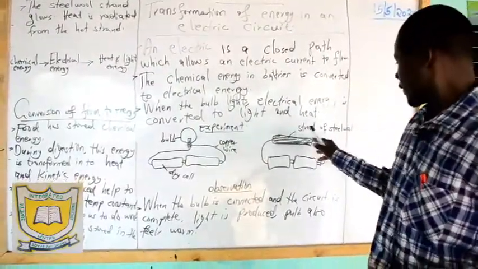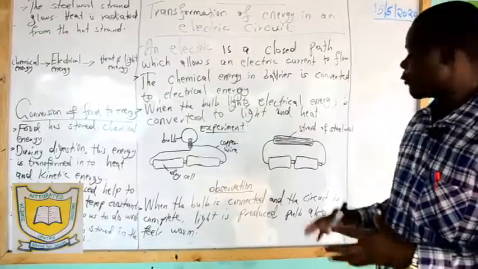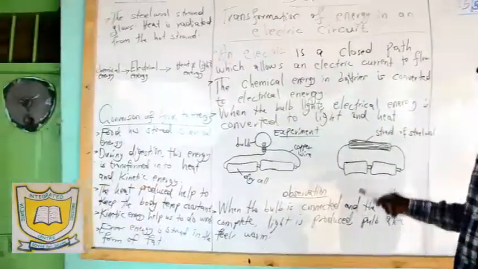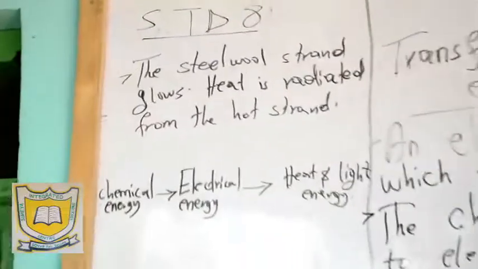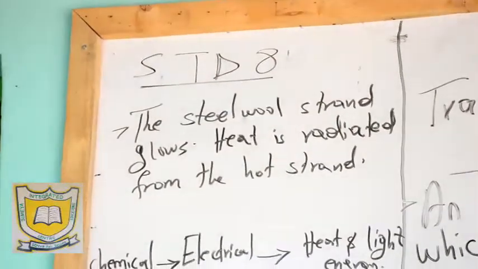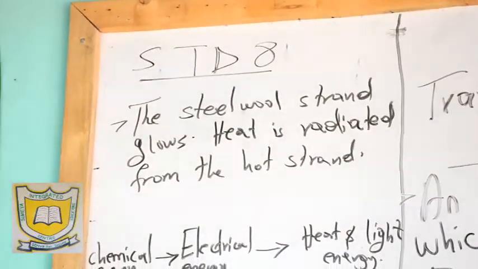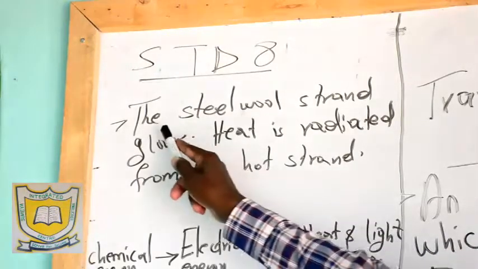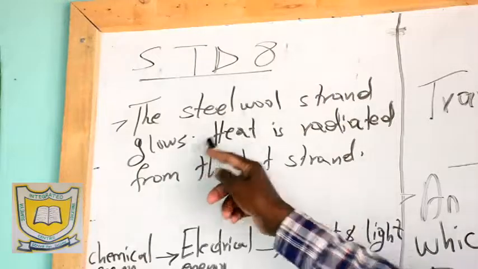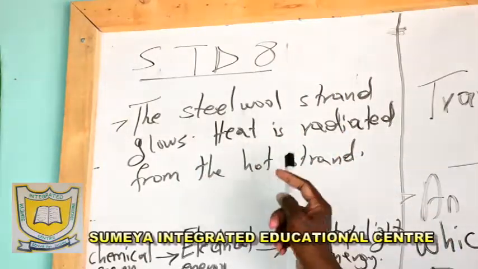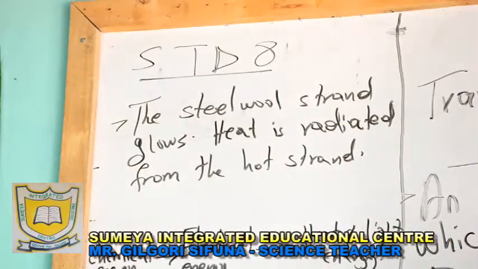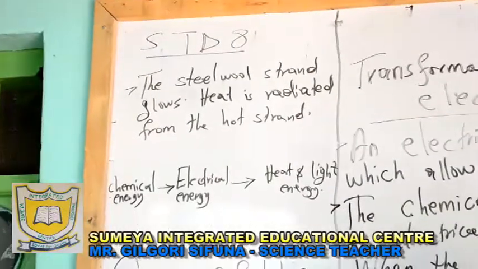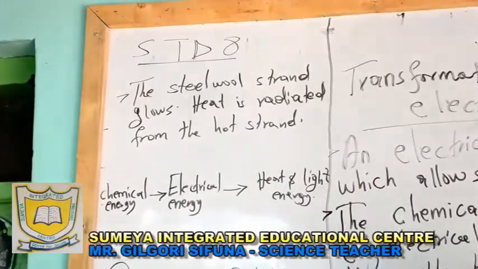Also with the strand of steel wool, when the circuit is complete, the strand will glow to produce some light, and it also feels hot. It is written here: the steel wool strand glows, and heat is radiated from the hot strand. As it glows, that is production of light, and it also feels hot.